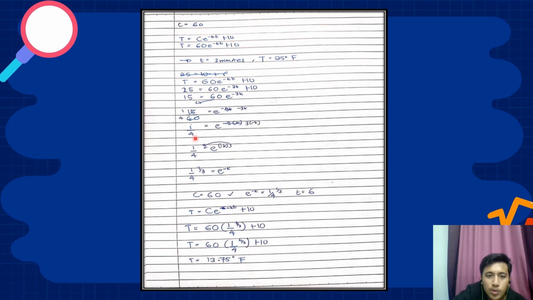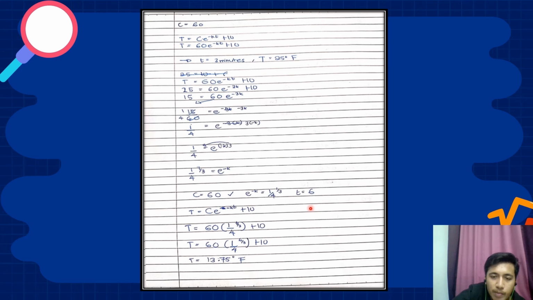So right now we have two pieces of information: C is equal to 60 and e to the power of negative k is equal to 1 over 4 to the power of 1 over 3.